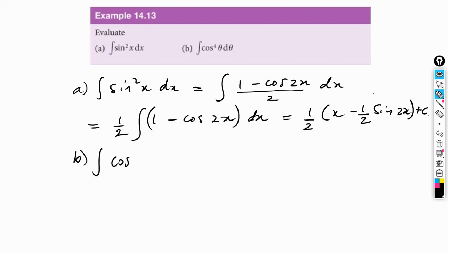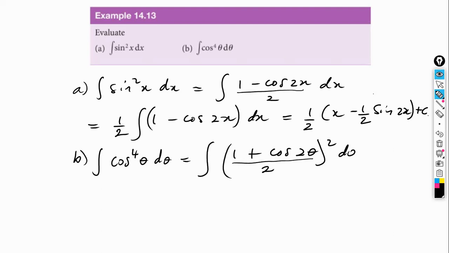cosine to the 4th power of theta. Here we can also use one of the previous identities, specifically the third one. Notice that we can rewrite this as the integral of ((1 plus cosine of 2 theta) over 2) squared.